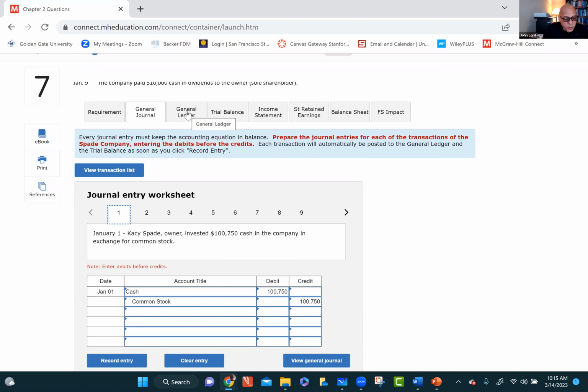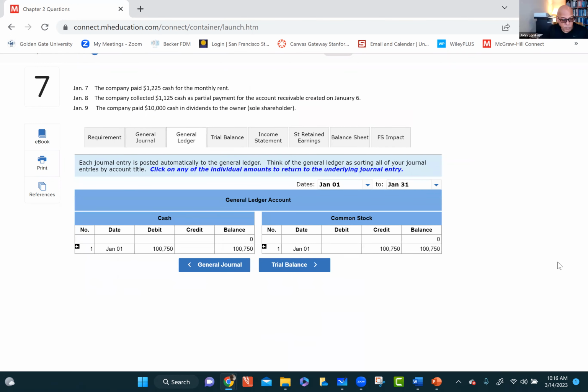What should we see when we look at the general ledger? The transactions that you made? Okay, so we should see a posting, thank you, Elizabeth, of the transactions in my ledger accounts, and they kind of look like T accounts, don't they? Yes. Okay, so when I look, the software automatically posted those to the general ledger.